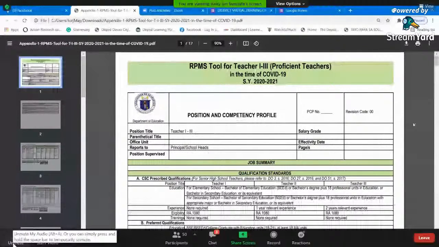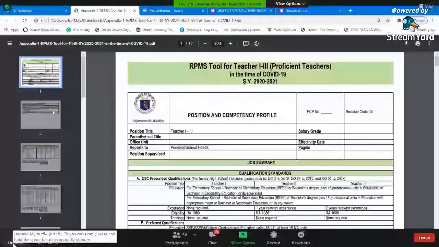And then you have your salary grade, the office unit, and so forth. Anyway, maybe there will be an electronic version, automated na tanan, like the previous years, na mag-encode lang ta and automatic na tanan ang atong mga data. So hopefully maka-share ana. For page 2 daw Joy, please.